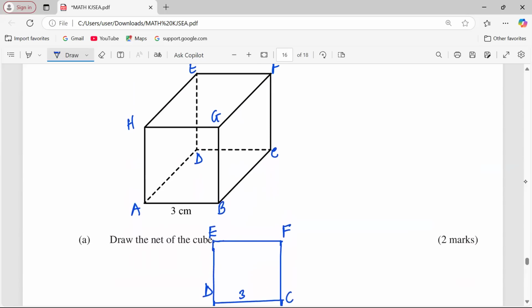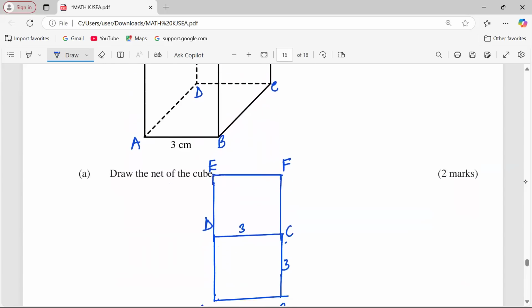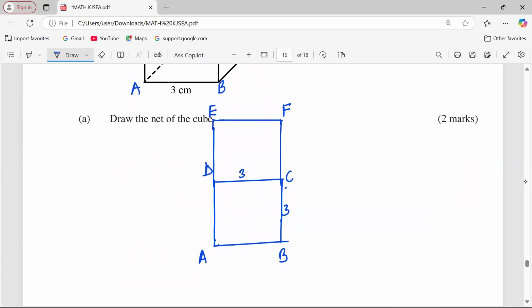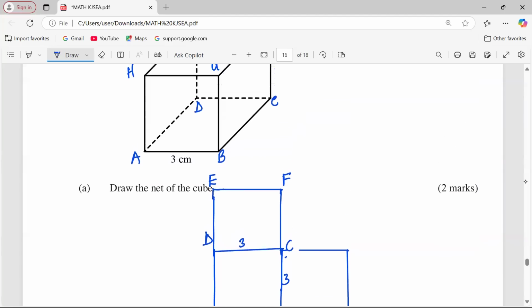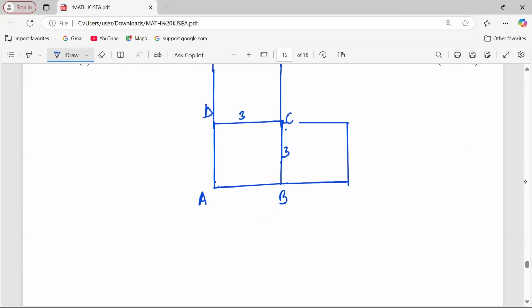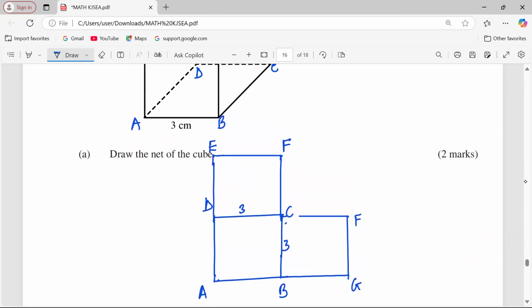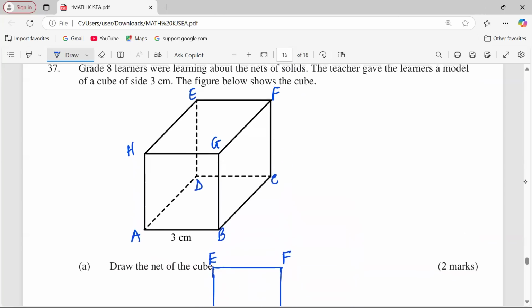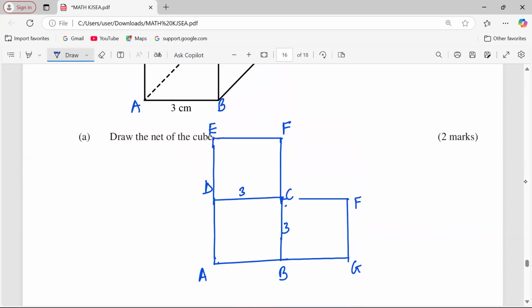Then on our right, we can have GF, still using measurements of 3 by 3, to give us GF. Then to our left, we can have HE, this way.